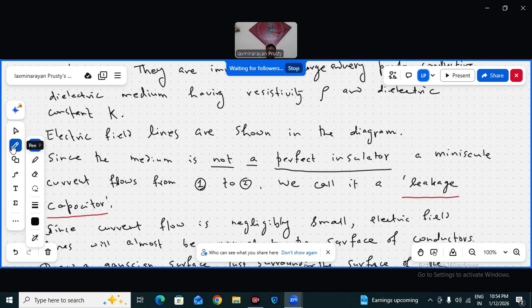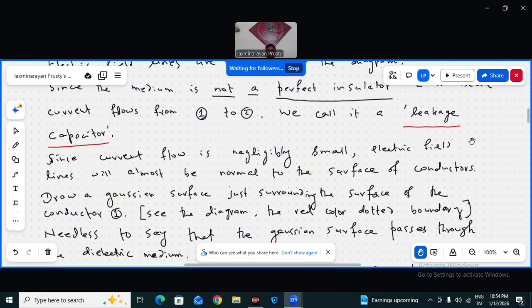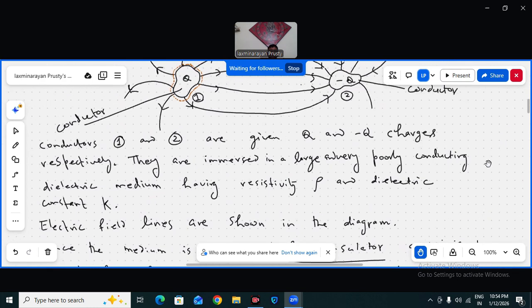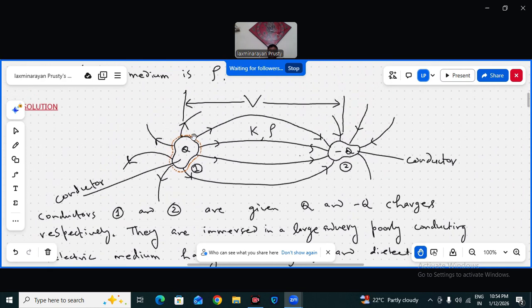Here I have written the very crucial point. Since the current flow is negligibly small, the electric field lines will almost be normal to the surface of the conductors. That is very important. Then I have drawn a Gaussian surface. You see this red line here, enclosing the surface of conductor 1, just outside the surface of the conductor, but lying in the dielectric medium.